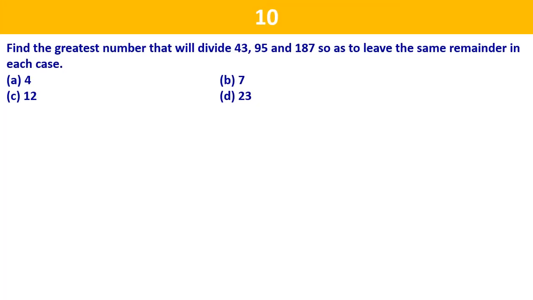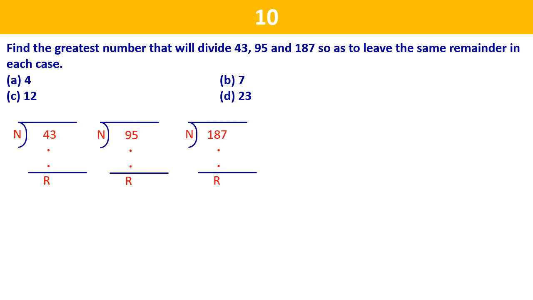Problem 10. Find the greatest number that will divide 43, 95 and 187 so as to leave the same remainder in each case. So here if I divide 43 with n or even 95 with n or 187 with n, the remainder is same. It means this is HCF model 2.